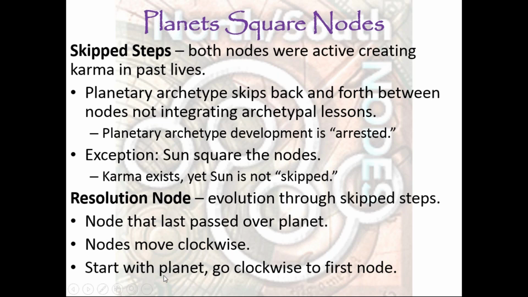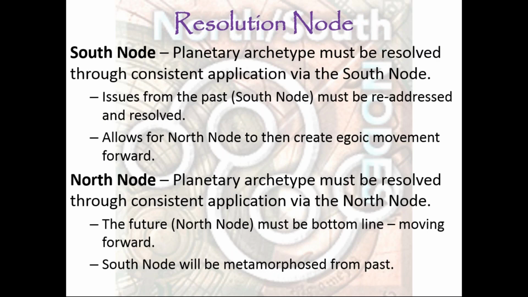Now, I showed you the visual example before going through the list. You start with the planet, you go clockwise to the first node. It's the node that last moved over the planet, and that becomes the resolution node. Now, when the resolution node is the South Node, that planetary archetype must be resolved through consistent application via that South Node.